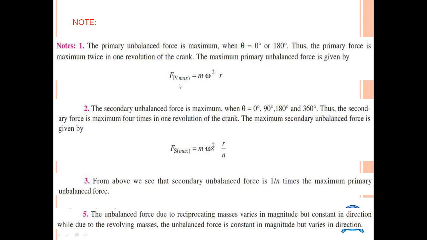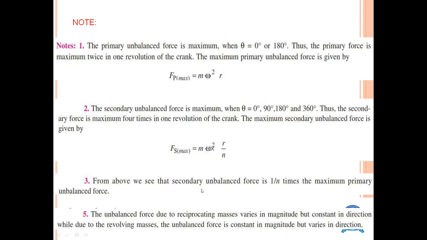When Fp is maximum, it takes m omega square r, and the value of theta is 0 or 180 degrees. When theta is 0, 90, 180 and 360, the secondary unbalanced force is maximum, which becomes Fs max equal to m omega square r by small n.